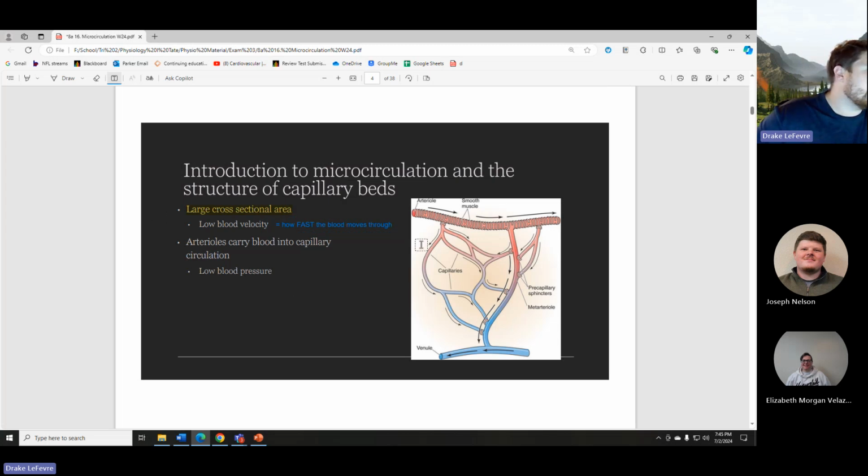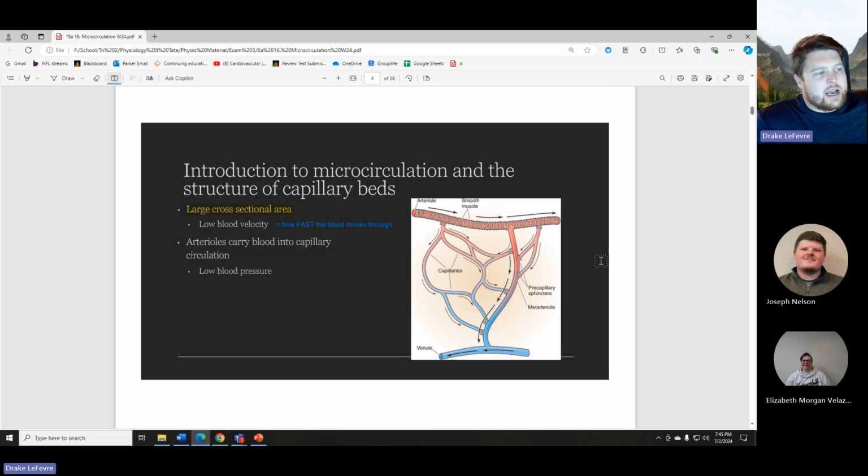Large cross-sectional area means that the blood is split between a bunch of different channels, so it's going to move a lot slower. And the arterioles carry all of that blood into that capillary circulation, going all the way through, from arterioles to the vein.